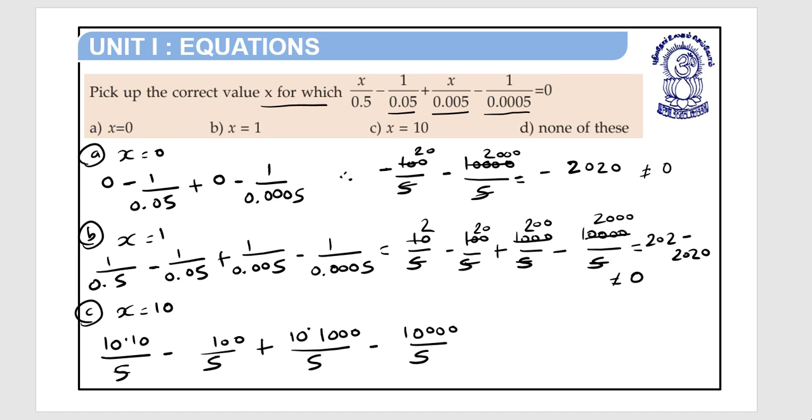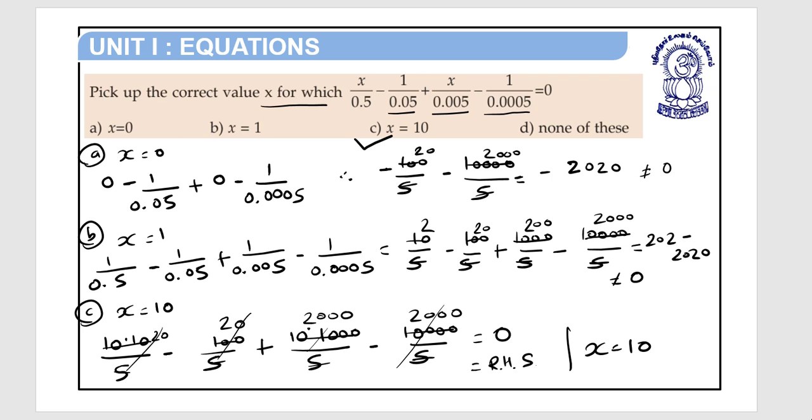So 5 2s are 10, 5 20s, 5 200s, 5 2000s. So 20 plus 20 minus cancel, 2000 plus 2000 minus cancel is equal to 0, which equals the right hand side. So answer is C. X is equal to 10 is true.